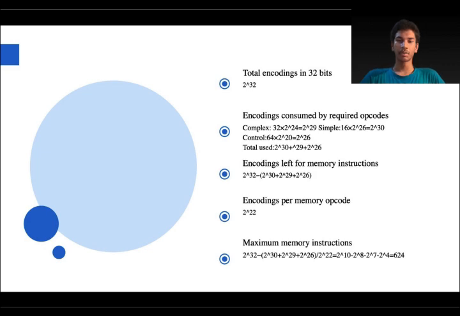And encodings per memory opcode is 2 power 22, as we calculated above. So maximum memory instructions are (2 power 32 minus 2 power 30 minus 2 power 29 minus 2 power 26) divided by 2 power 22, which gives 2 power 10 minus 2 power 8 minus 2 power 7 minus 2 power 4. So by calculating, we get 624.